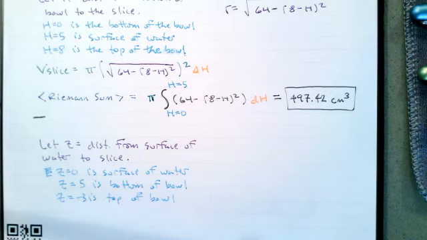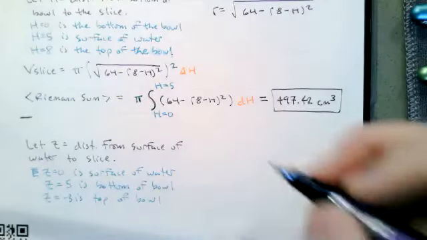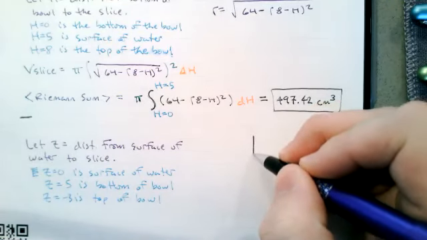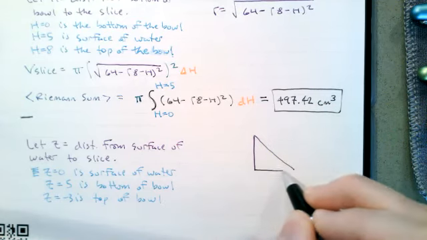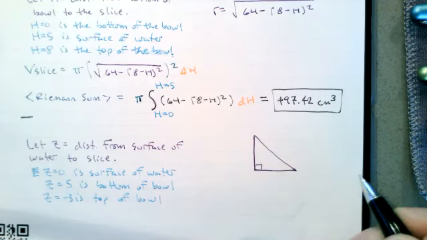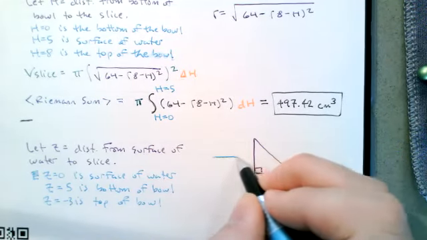So Z equals 0 is the surface of the water. Z equals 5 is the bottom of the bowl. The positive direction is down. So we're going to integrate from 0 to 5 again. But now the vertical leg of the triangle, if I just pull out the right triangle, the water is cutting through this triangle at some point.